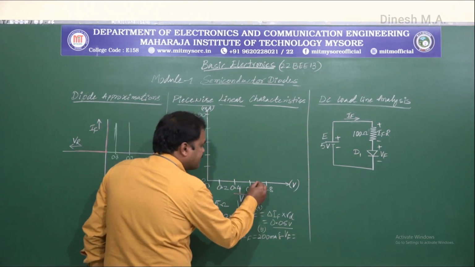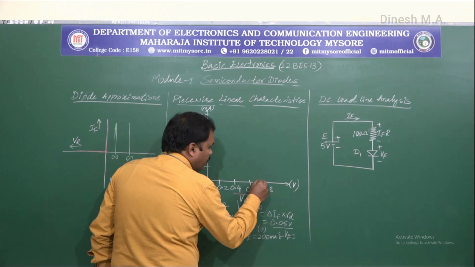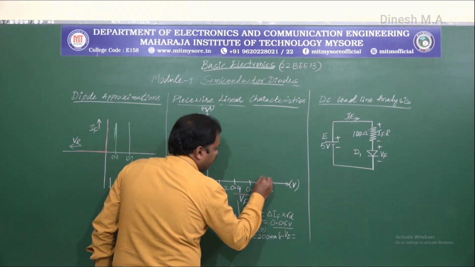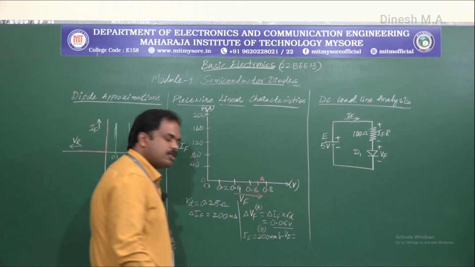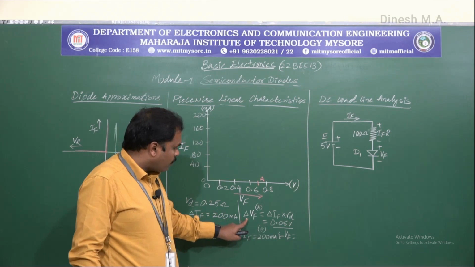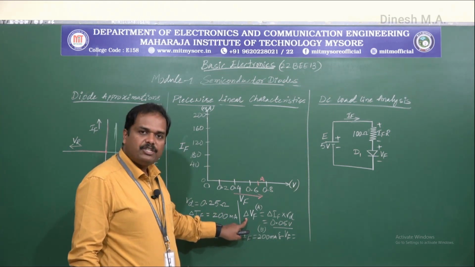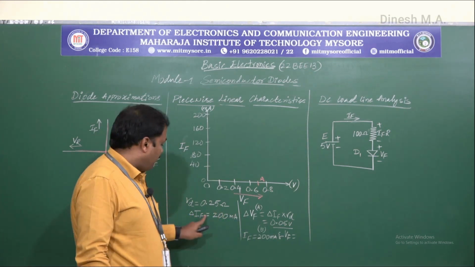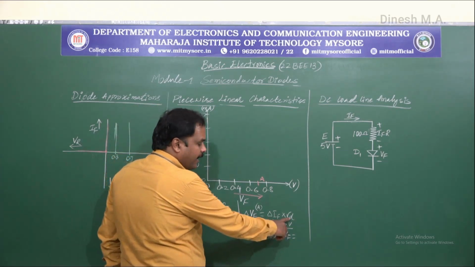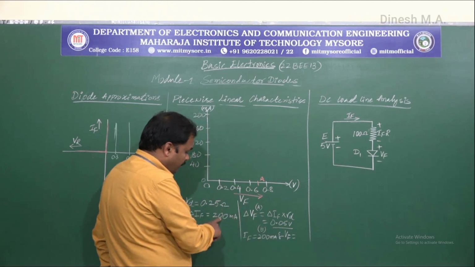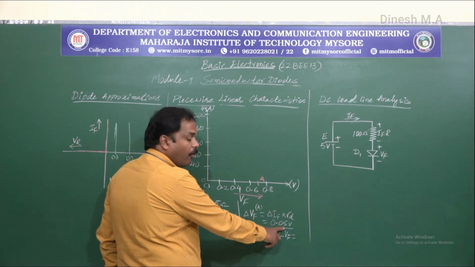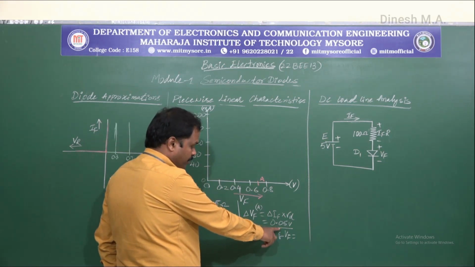So at 0.7 volt, approximately here, we'll say this is point A, right? This is point A, and with the help of this, we'll find out what is delta VF, the change in the forward voltage for which the maximum forward current is achieved. So this is given by delta IF into RD. So substituting these two values here, what we get is delta VF of 0.05 volts, right?